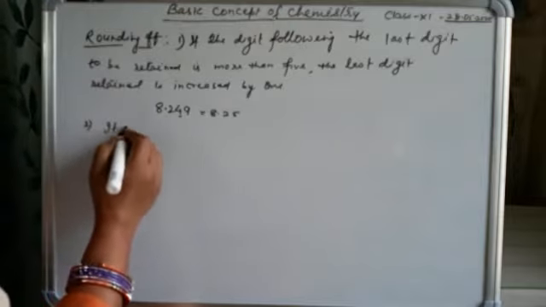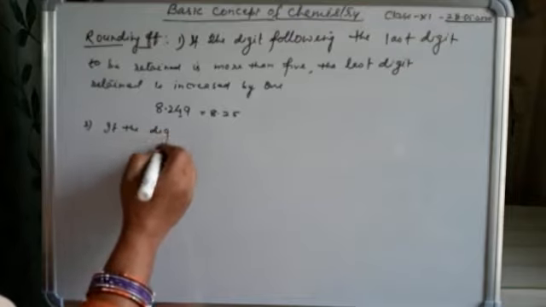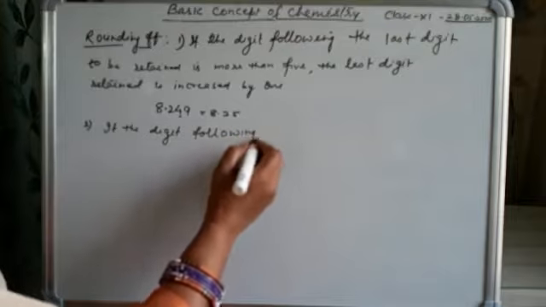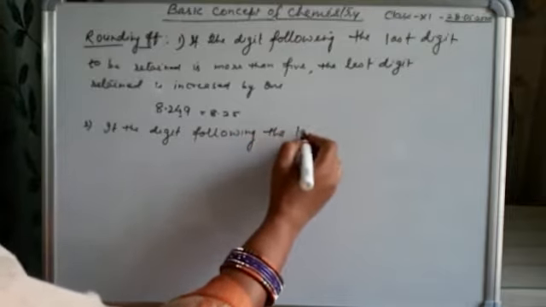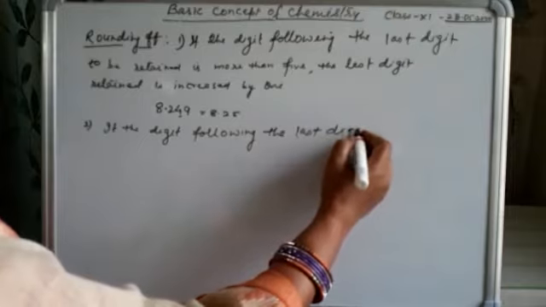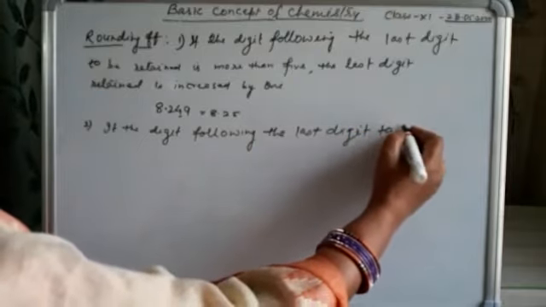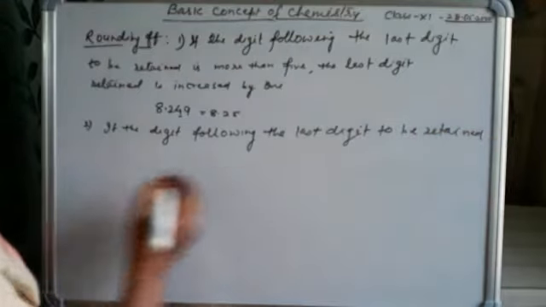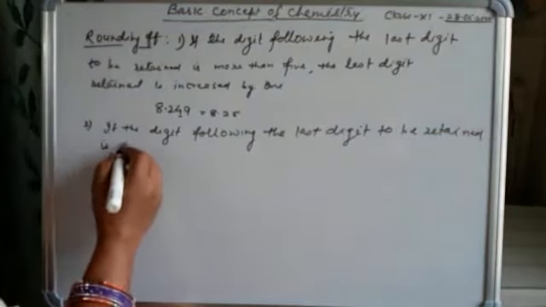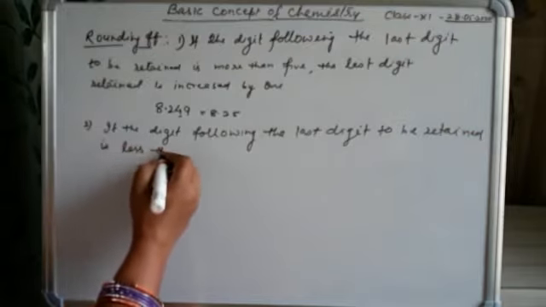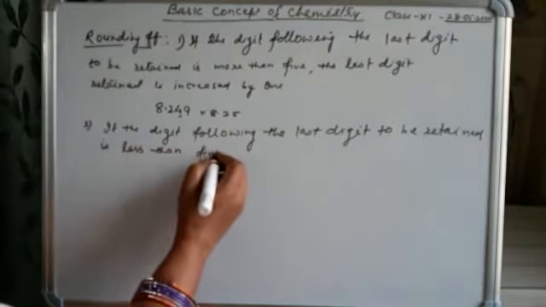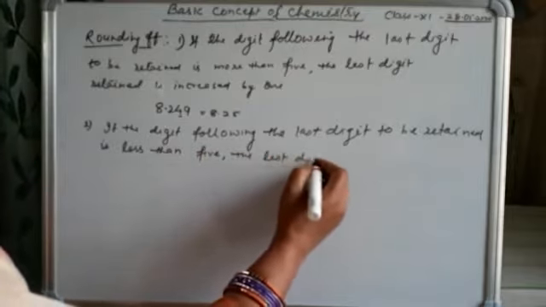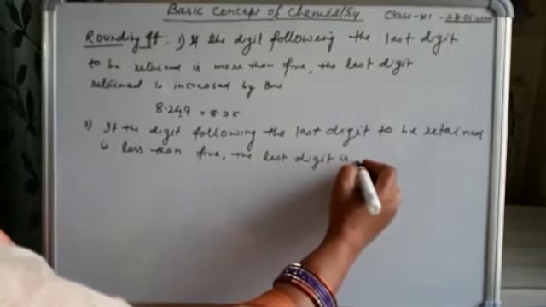If the digit following the last digit to be retained is less than 5, the last digit is left unchanged.